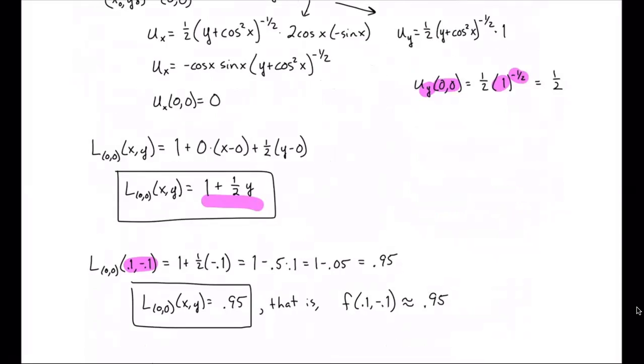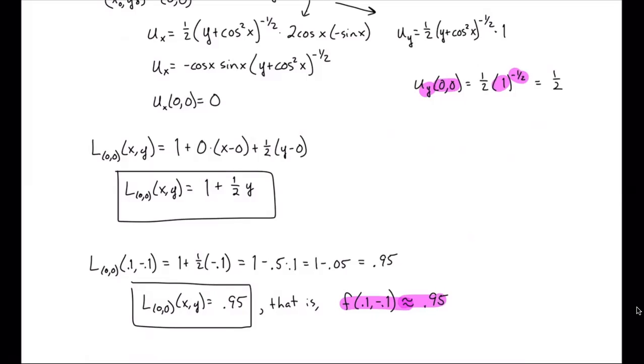So really, the only thing that shows up in this calculation below is the y value. And we have 1 plus 1/2 times y. This is our y value of negative 0.1. And then that's equal to, well, 1 minus 0.5 times 0.1. Simplifying all of this, we see that our linear approximation near (0, 0) of the value at (0.1, negative 0.1) is 0.95. So what we would assert at the end of this, and we'd assert it reasonably confidently, is that f of (0.1, negative 0.1) is approximately 0.95.